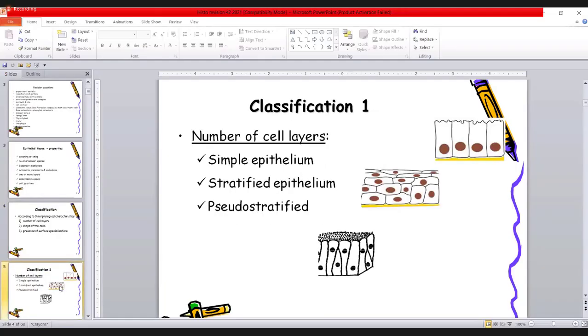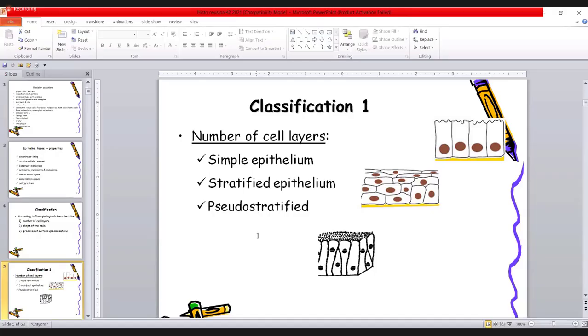So you have to write all these things when you are asked to describe the classification of epithelia. First you write there are 3 types of classification. Classification number 1, 2, 3. Number 1 depending on the number of cell layers, and you classify the epithelia into 3 categories, that is simple, stratified and pseudostratified.